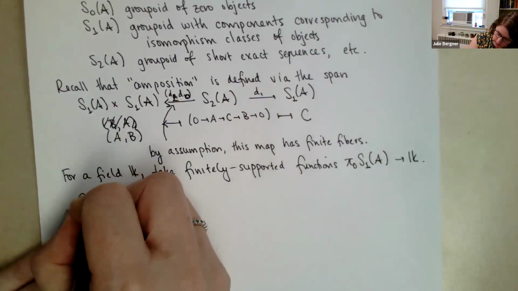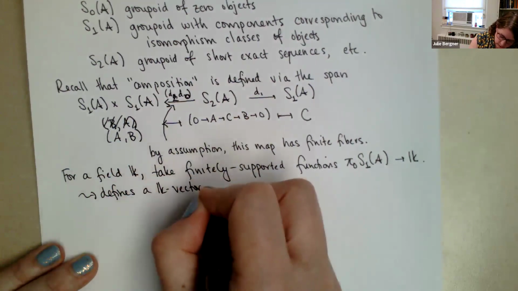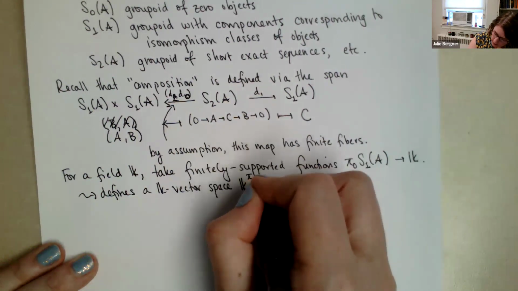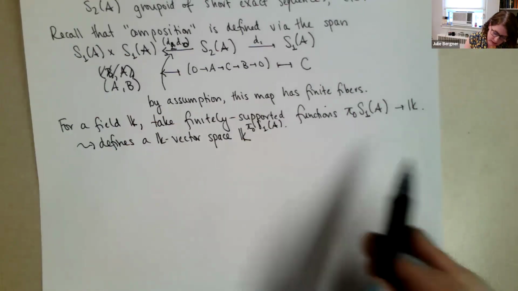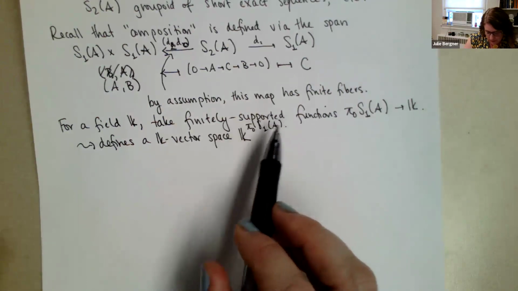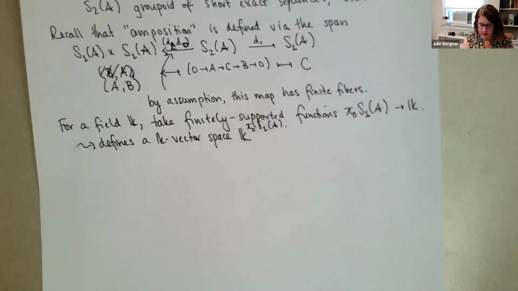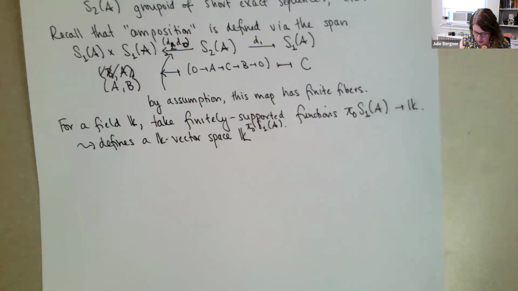And so now this defines a K vector space. I'll just write it as K to the pi 0 S1 A. This is actually just an alternative way to describe the vector space that I described before. You can either take finitely supported functions into your field, or you can just take the vector space spanned by your isomorphism classes of objects. It comes down to the same thing.